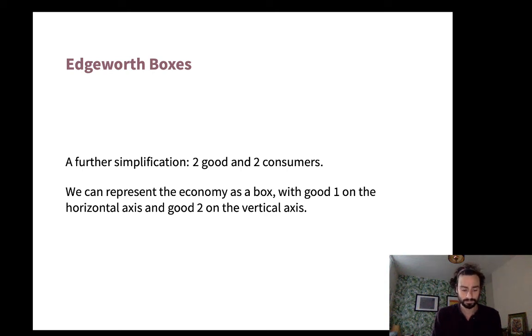And also, the allocations are the utility-maximizing demand of the consumers given their income, where income is defined as the value of their endowment under the price vector P. So there are two critically important criteria for something to be in equilibrium.